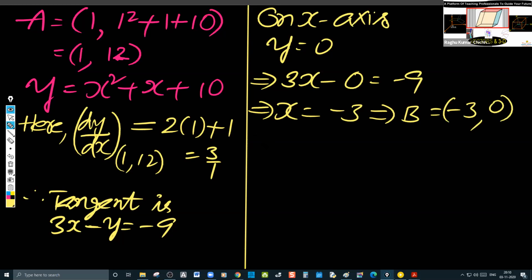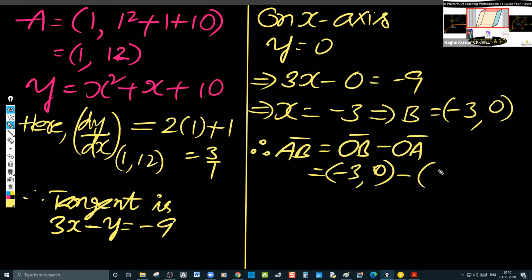Therefore, AB bar is equal to OB bar minus OA bar. What is OB bar? Minus 3, 0. What is OA bar? 1, 12. So minus 3 comma 0 minus 1 comma 12, which is nothing but minus 4 comma minus 12.